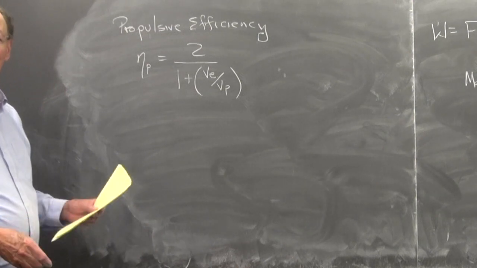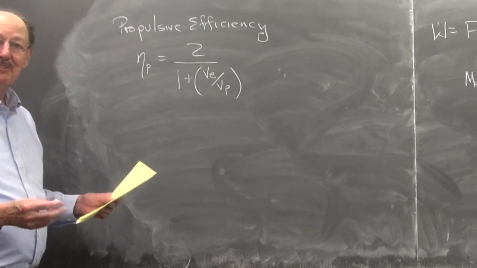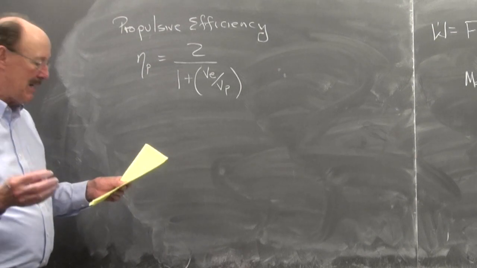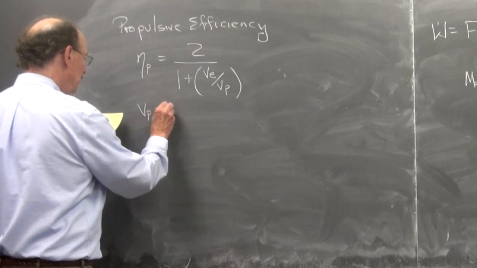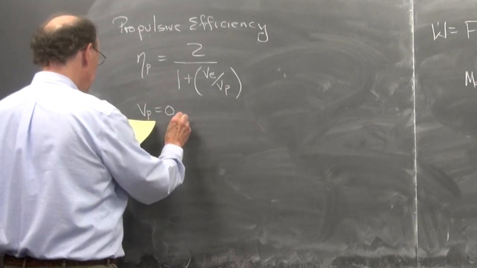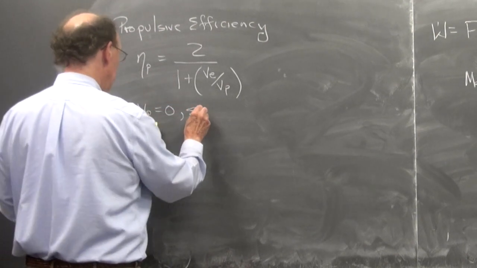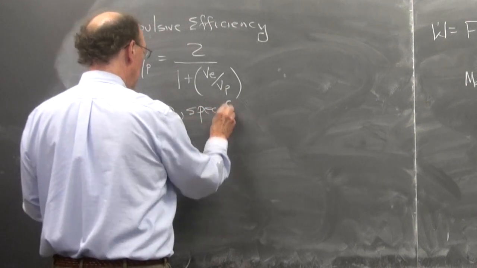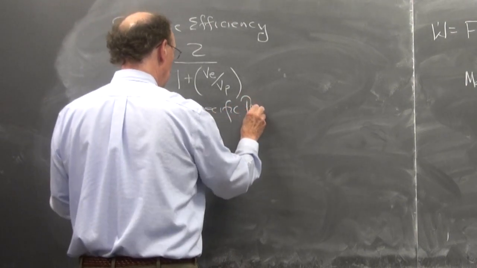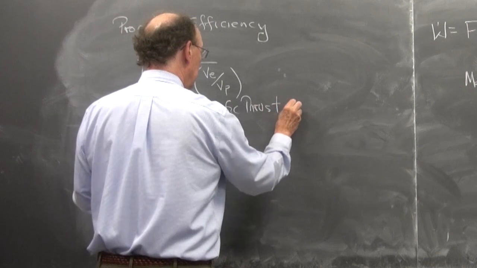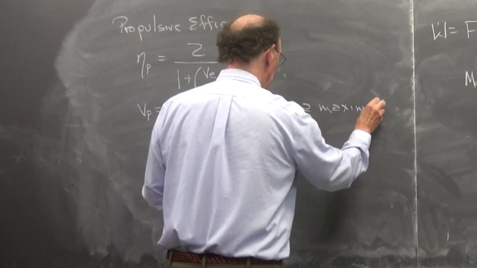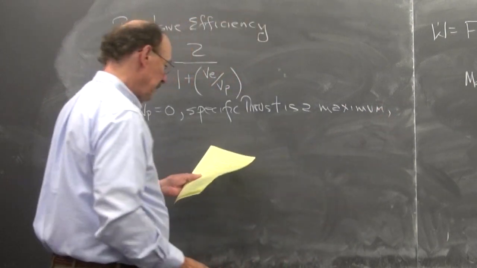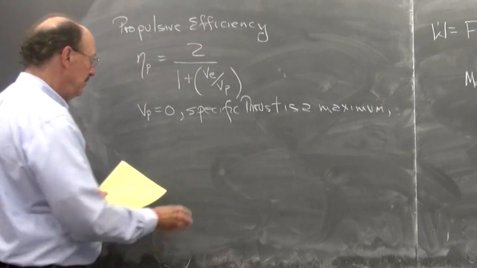So now we have all this stuff, and so what? What we can do is try to make some sense of it. When v sub p equals 0, the specific thrust is a maximum, and this occurs at takeoff.